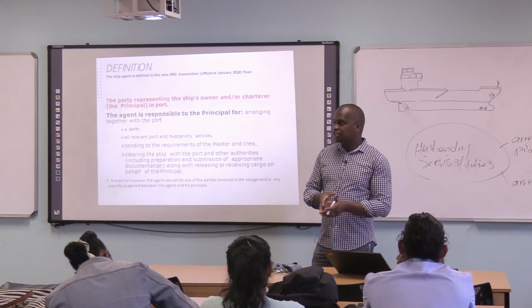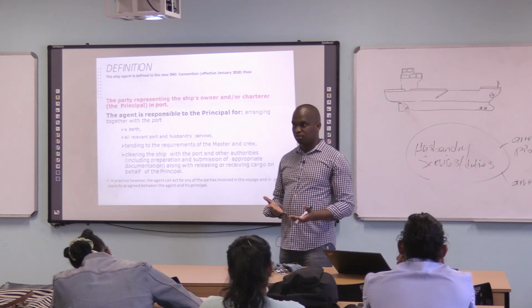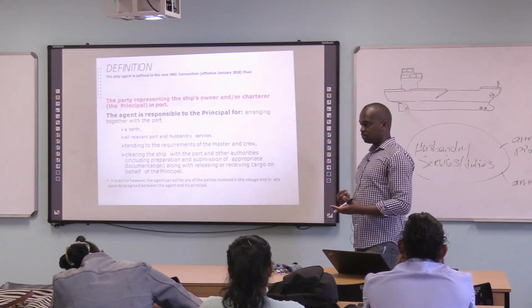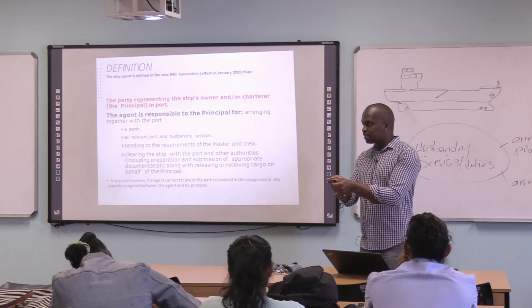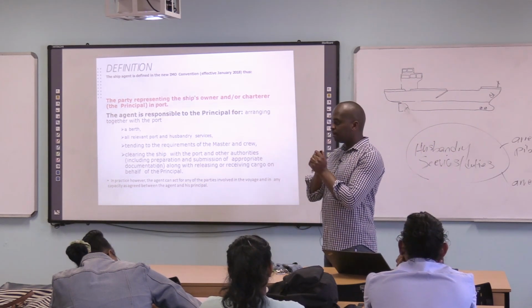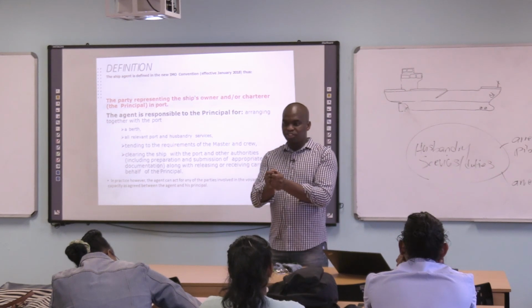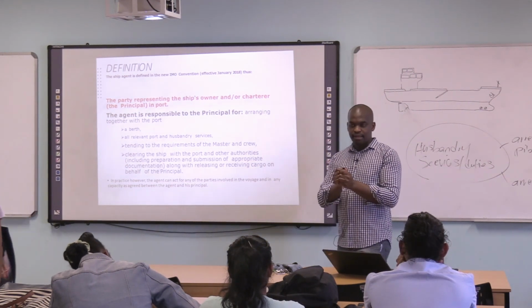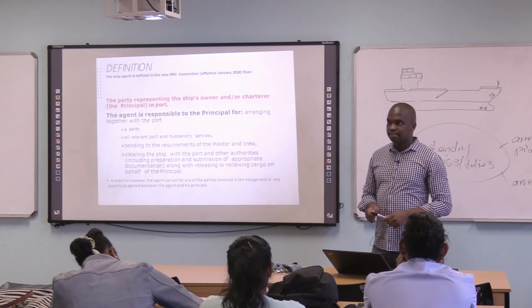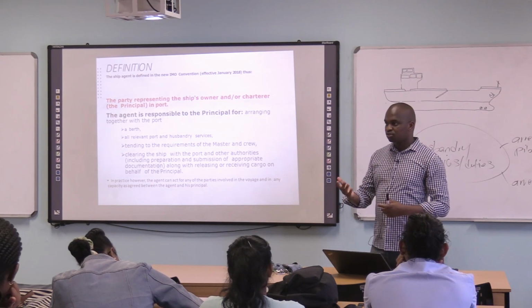That ship must be cleared via customs. So the agent will have to go to customs, physically submit the documents declaring the specific vessel that's going to be coming in at a certain time. So that is called clearing in.